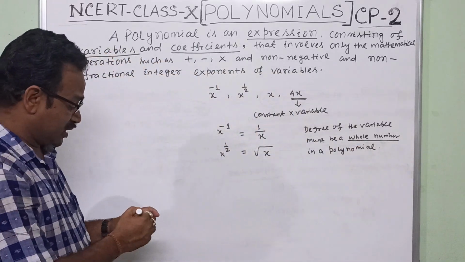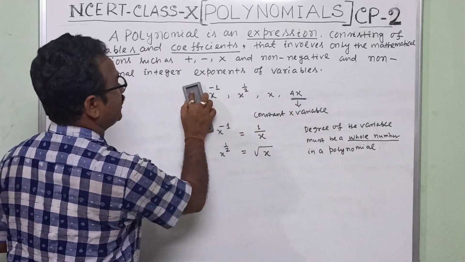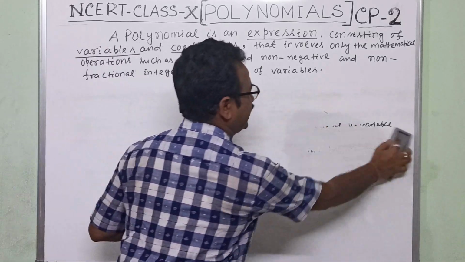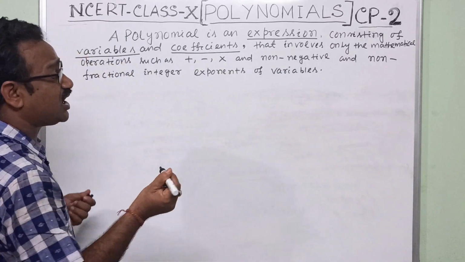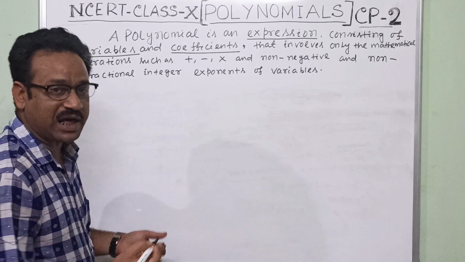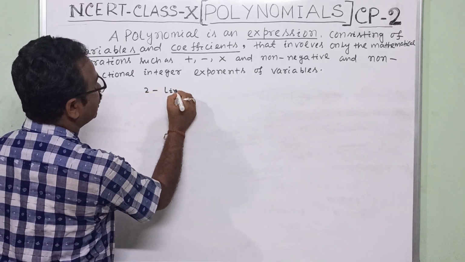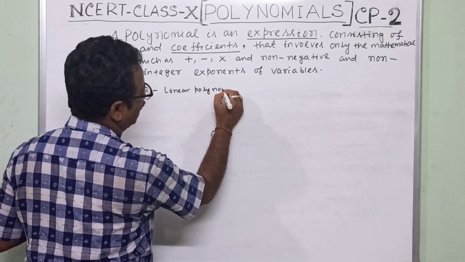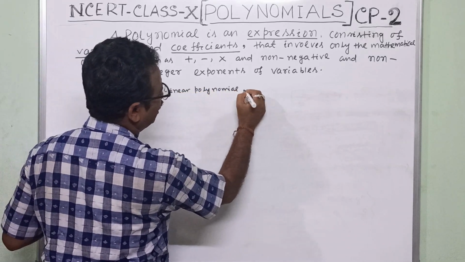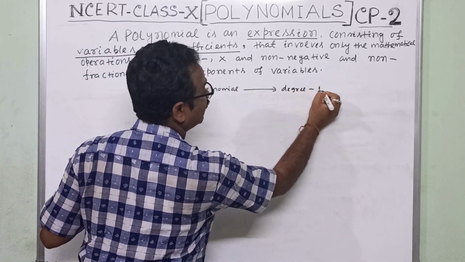Okay. Now move on to the different types of polynomials. Already I have told you about one type of polynomial, that is your non-zero constant polynomial. Now move on to number 2, linear polynomial. Linear polynomial means degree 1.